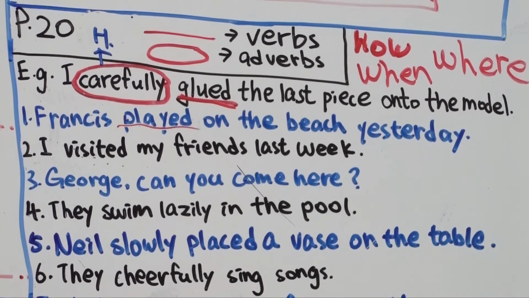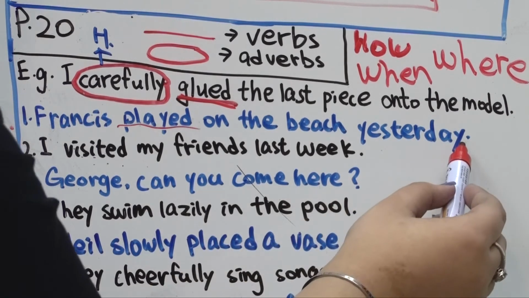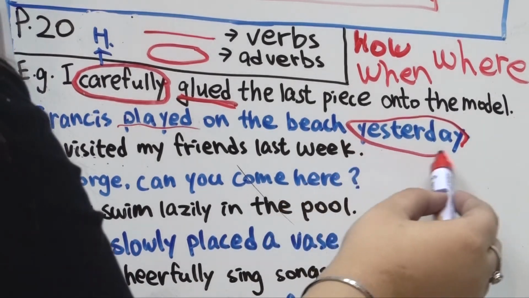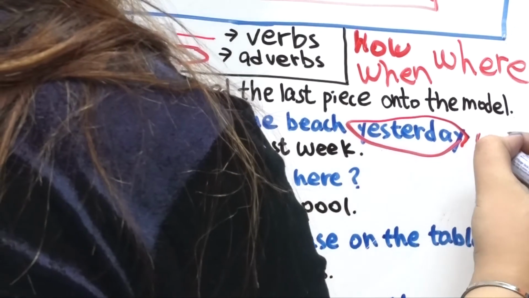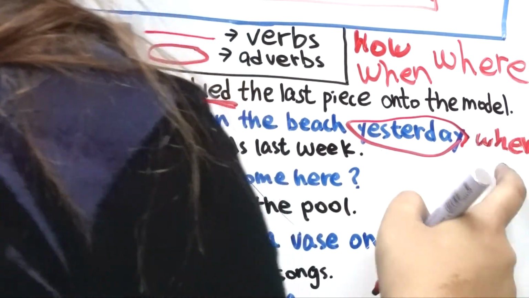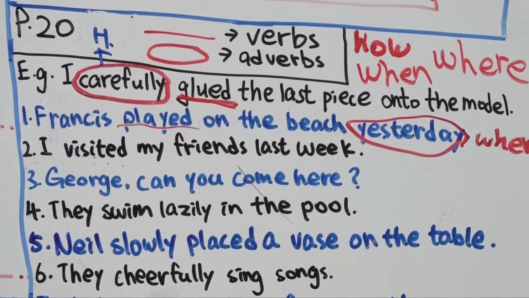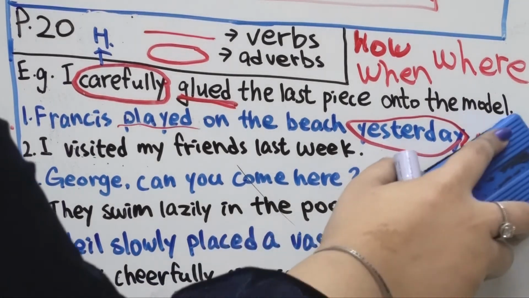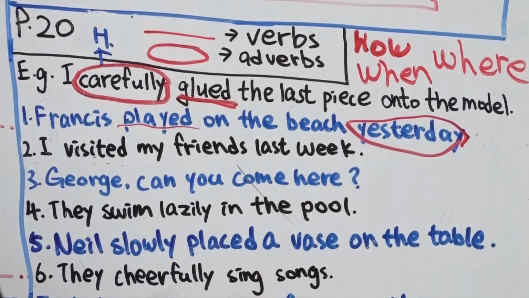Which one is the adverb? Is there any word here that tells you how, when, or where this action happens? 3, 2, 1. That should be yesterday, right? Because it tells you when an action happens. So that's why this is an adverb. So you circle that, okay? Number 2.